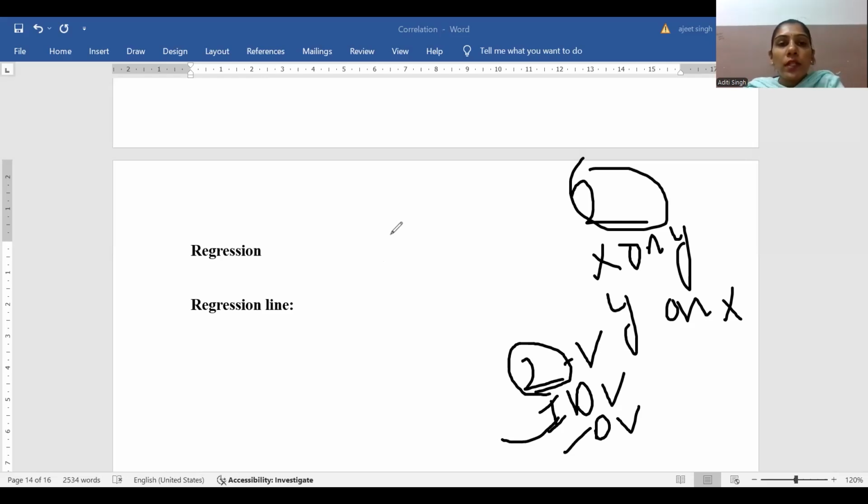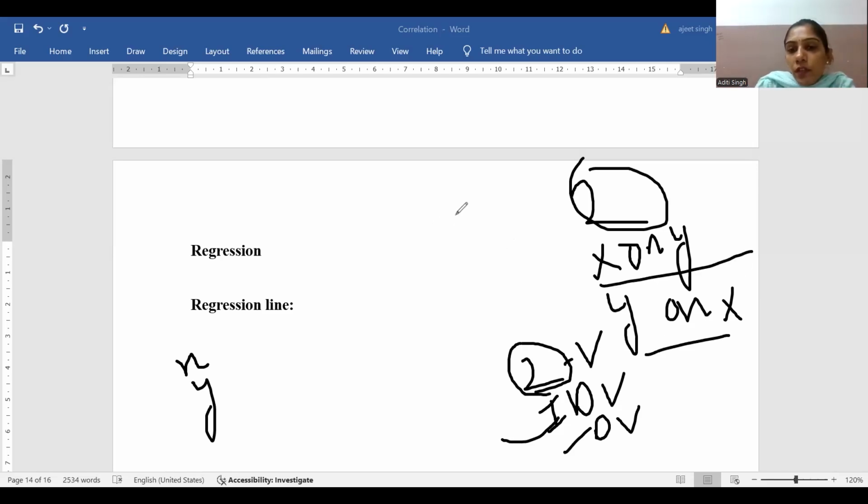Let's assume both variables are x and y. There are two variables, x and y. So we shall have two regression lines: one of x on y and another of y on x.